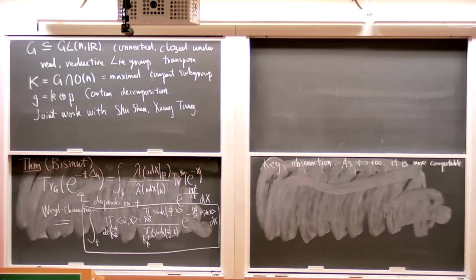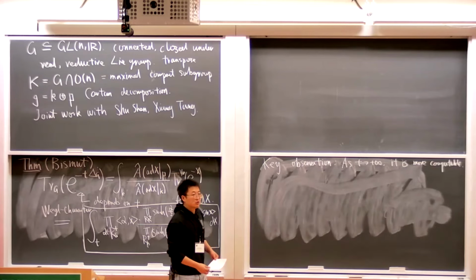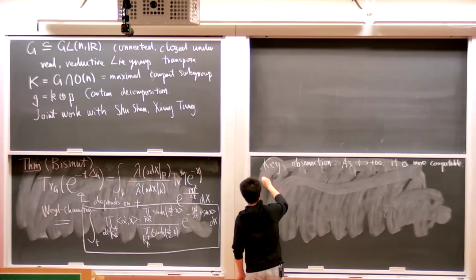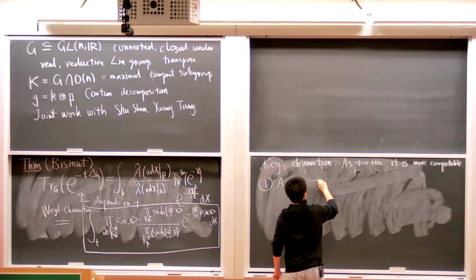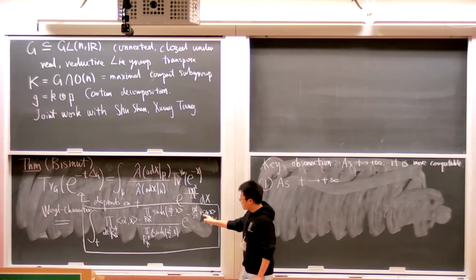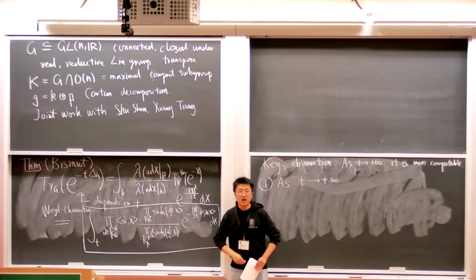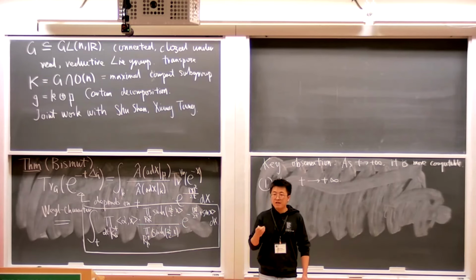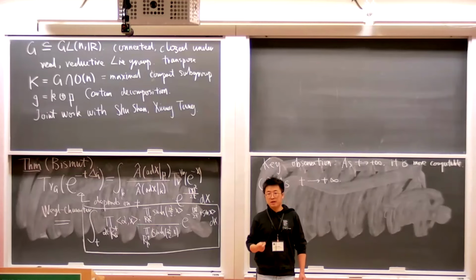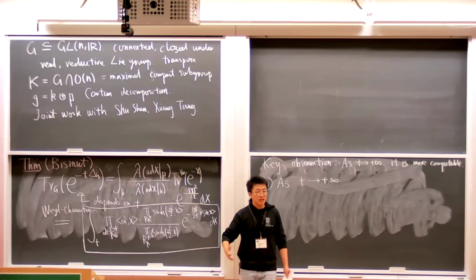Okay, let's begin with the simplest case. How do we compute it as t goes to infinity, and why is it computable as t goes to infinity? So step one: as t goes to infinity, this integration is the integration over the Lie algebra of t. But the first simplification is that if we only want to compute the dominant term as t goes to infinity, you don't have to integrate over all of t.